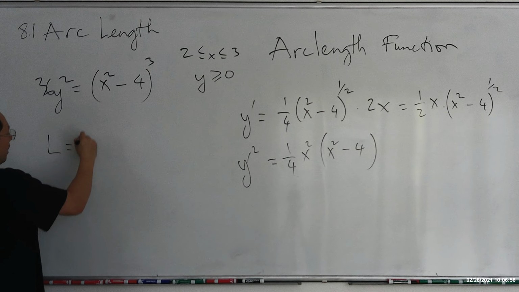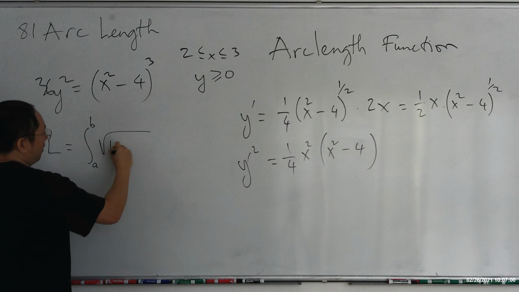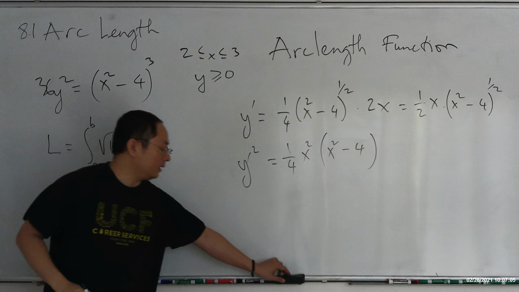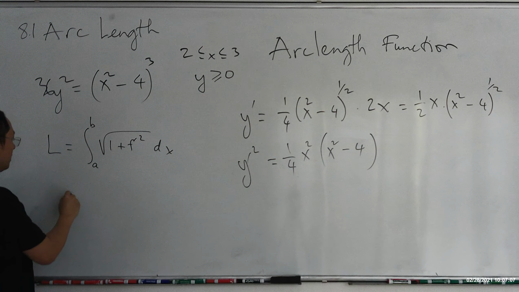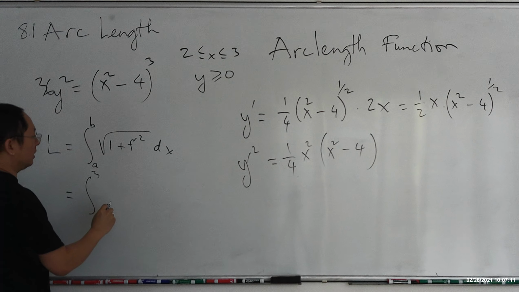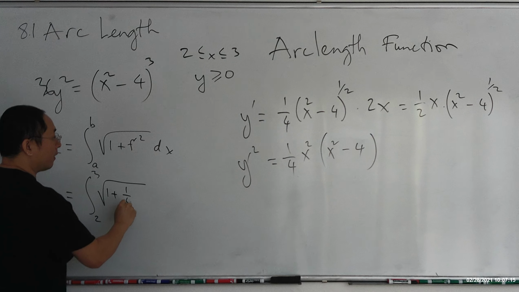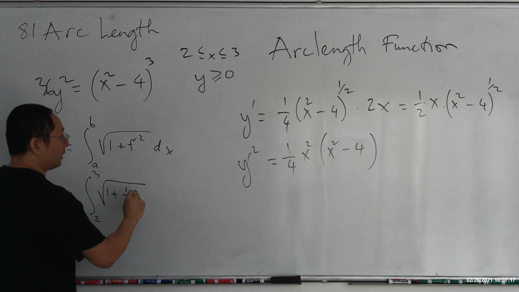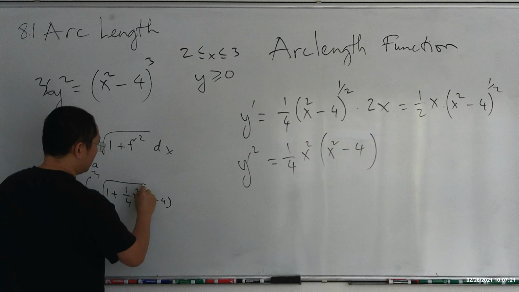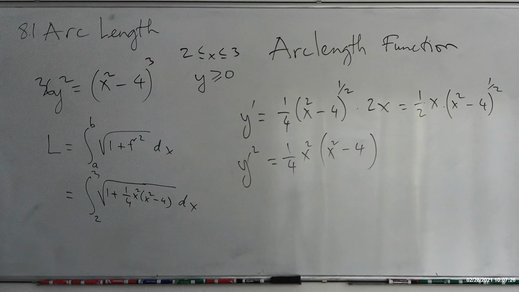Okay, so we plug into the formula. The arc length is calculated by the integral from a to b of the square root of 1 plus f prime squared dx. f prime or y prime is the same thing. So this is equal to the integral from 2 to 3 of the square root of 1 plus 1/4 of x squared times x squared minus 4, dx.